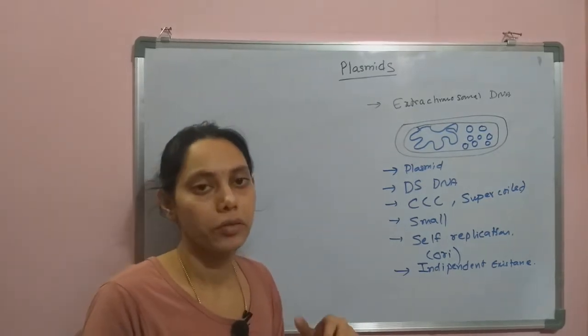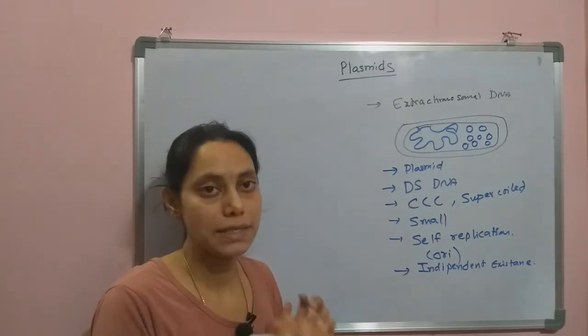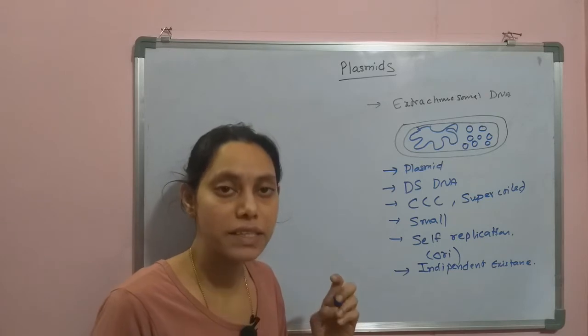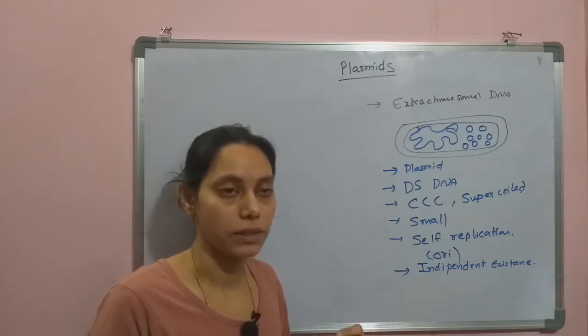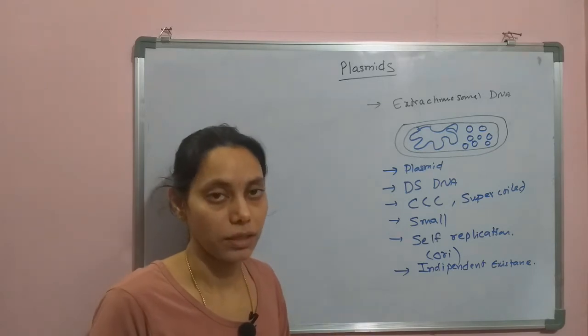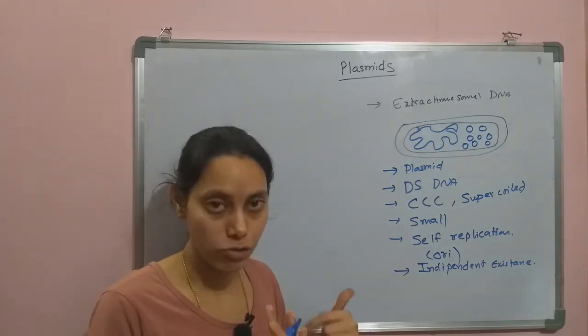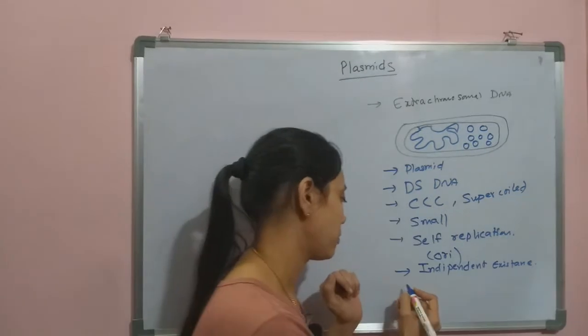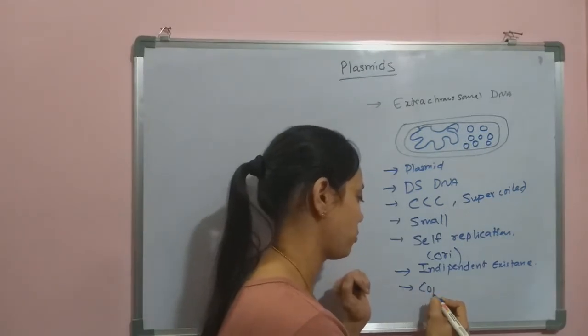They are not dependent on the chromosomal DNA for existence, maintenance, and segregation into the daughter cell. At least one copy of the plasmid will go into the daughter cell when the bacteria divides, and they maintain their copy number.